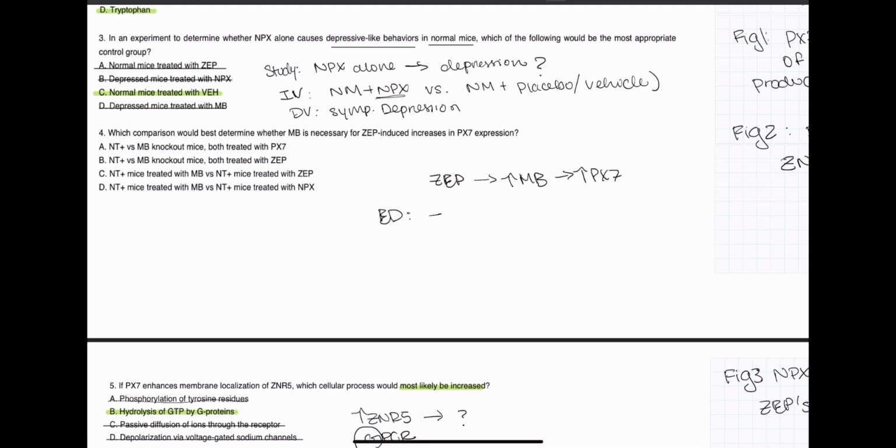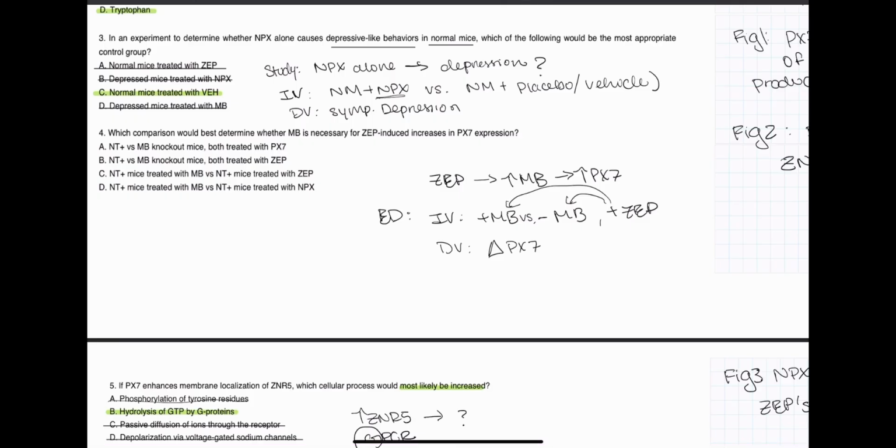We want an independent variable that has MB, and then it doesn't have MB. And then our dependent variable would be changes in PX7, and another addition is plus ZEP treatment, right? You need ZEP to be treated with both.